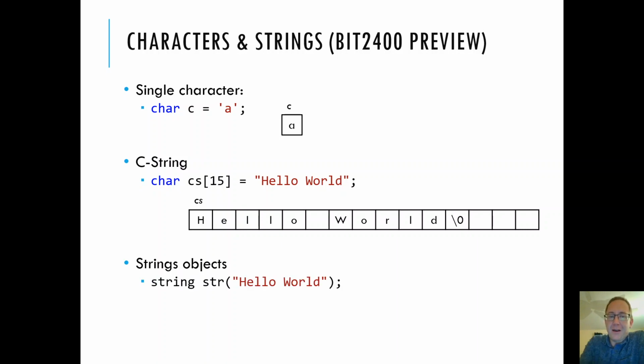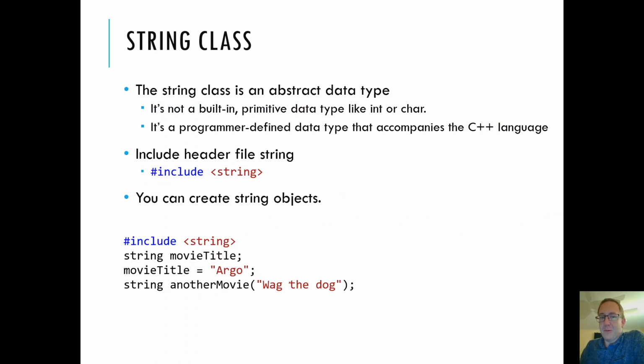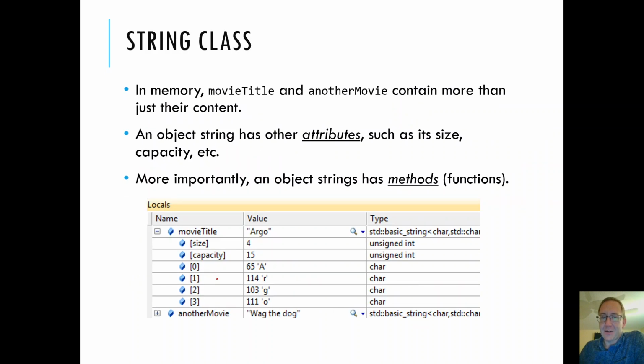I will make a data type called string with the words hello world, and I would need to include the string libraries in there. And I could just make a string, I could add to a string, I can do all sorts of things. What's weird about the string class is I don't have to worry about running out of space, and this is what we're going to be dealing with in BIT1400.